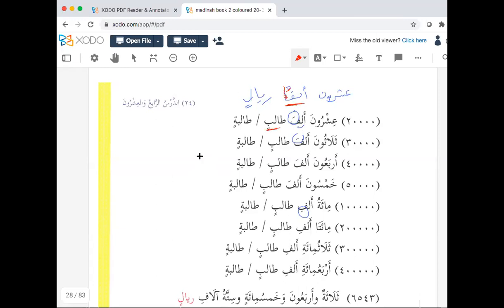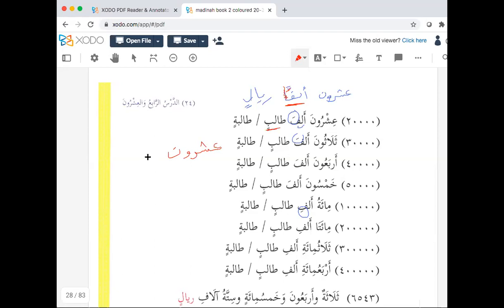If you said, for example, kam fulusan indak, how much money do you have? Or kam riyalan indak, and you said 20. You mean that you have 20 riyalan, but you don't have to say riyalan.